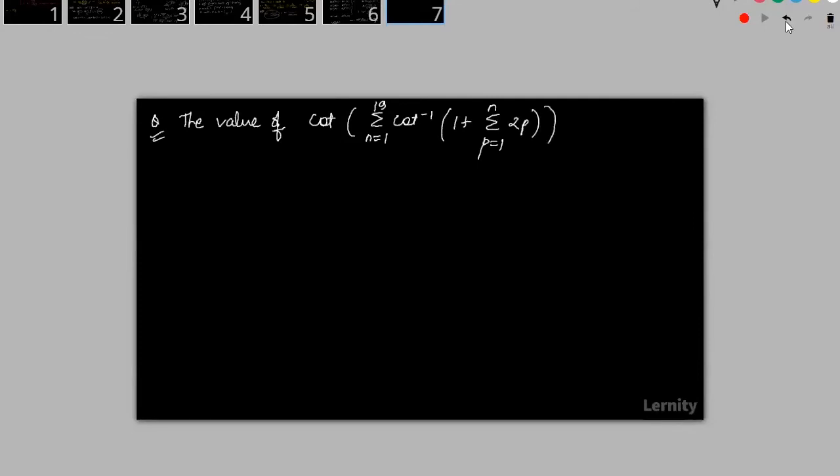You have to find this value. Options are A 22 by 23, option B 23 by 22, option C 21 by 19, and option D is 19 by 21.